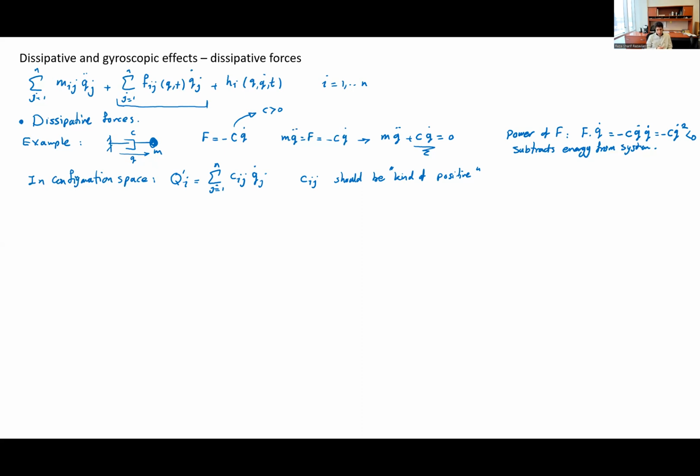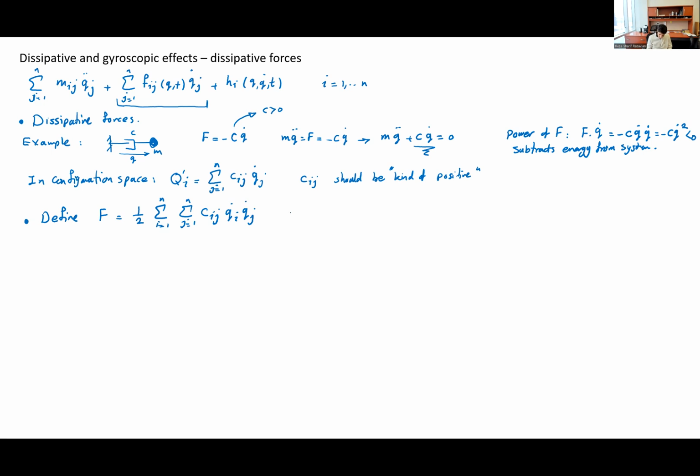In this case, if we want to go that route, we can define a function F like this: 1/2 the sum of i equals 1 to n, the sum of j equals 1 to n, of C_ij q dot i, q dot j.